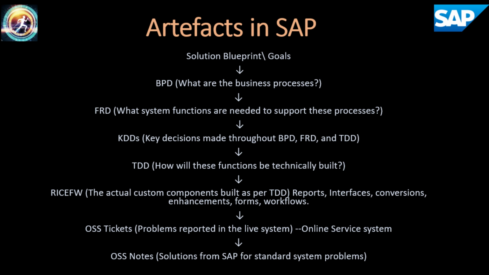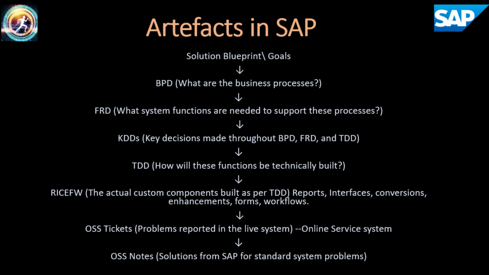Once that is ready, we have the technical design document, which describes how that particular functionality will be implemented. Based on this document, they derive what objects need to be built. Those technical details we can expect from the technical design document.